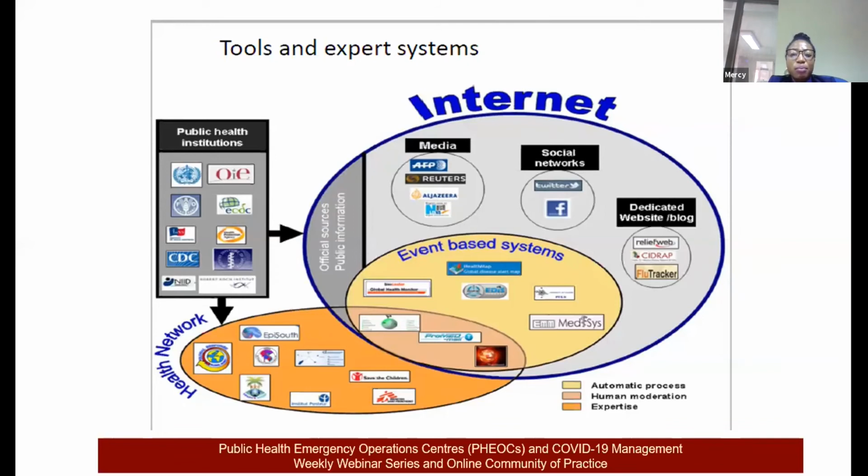It has a real-time processor and a filter that uses artificial intelligence to bring events that are relevant to whatever you've stated as your criteria for reporting.